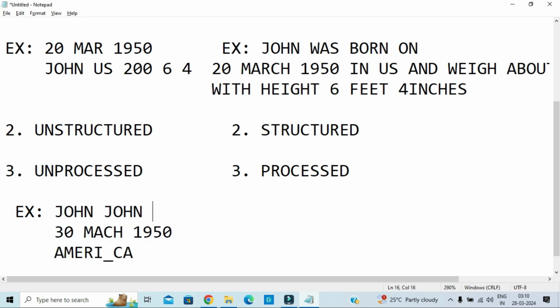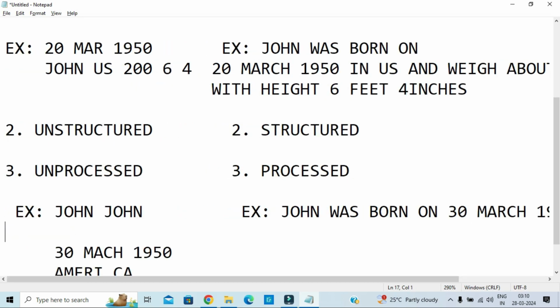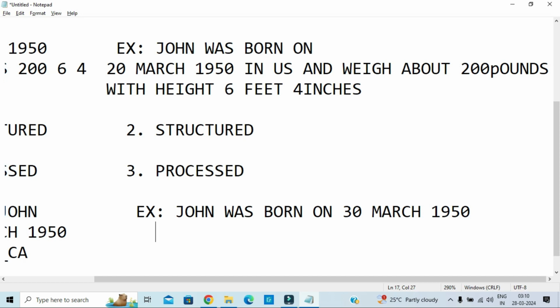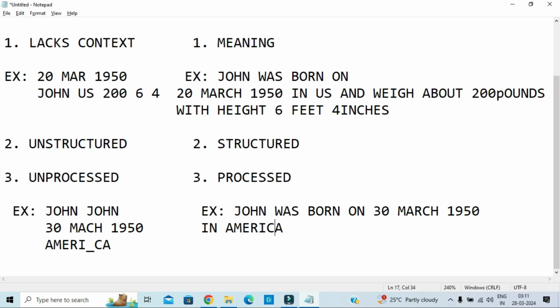Now if you look at this information: John was born on 30 March 1950 in America. In this information I have removed the duplicate word John and represented it as one single word.